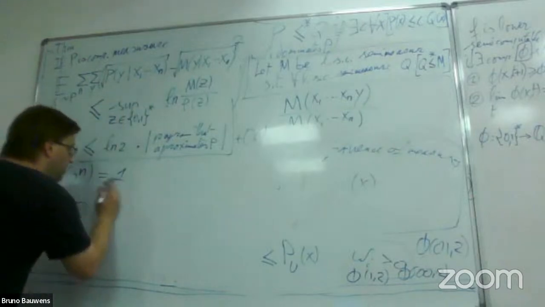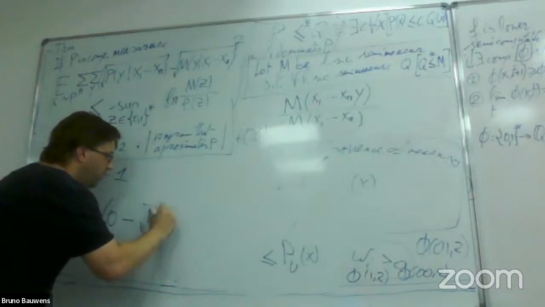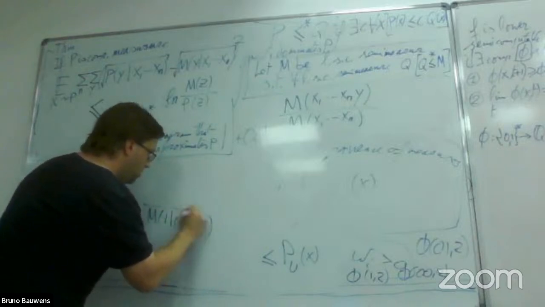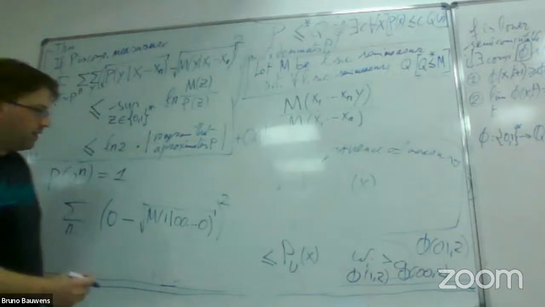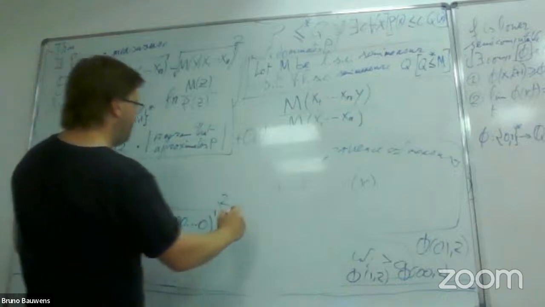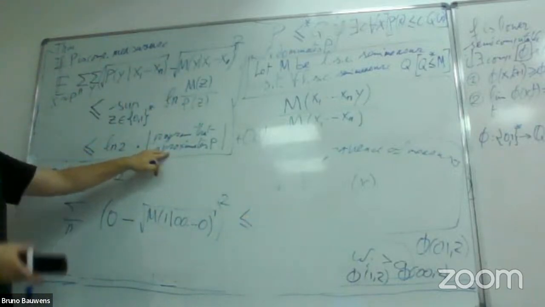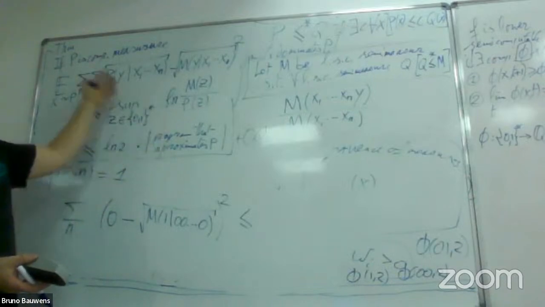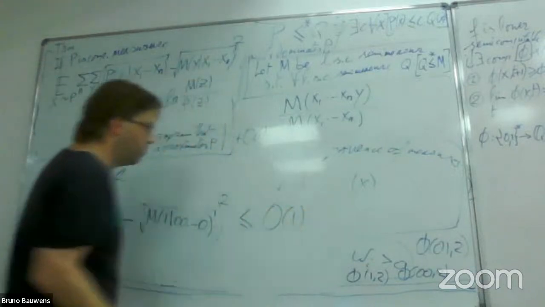So what we have here is 0 minus the square root of M of 1 given all zeros. And then we take the square. The claim is that this is smaller than the length of the program that only prints zeros. But this is just a small constant on the universal machine, so it's smaller than O(1).